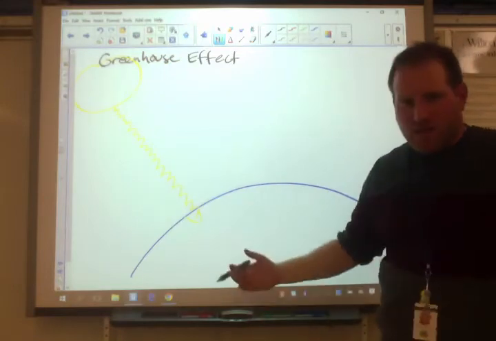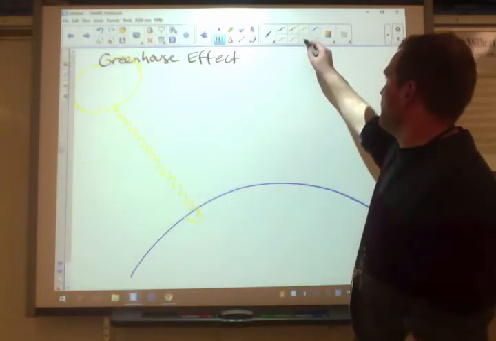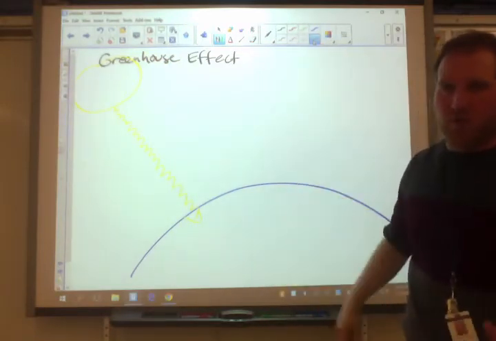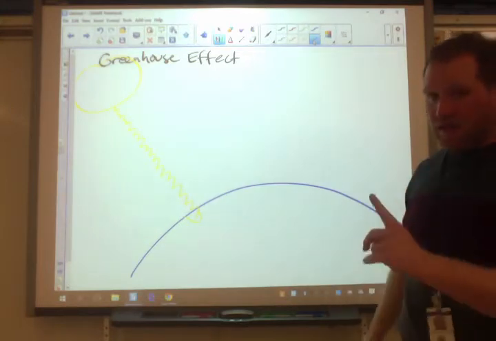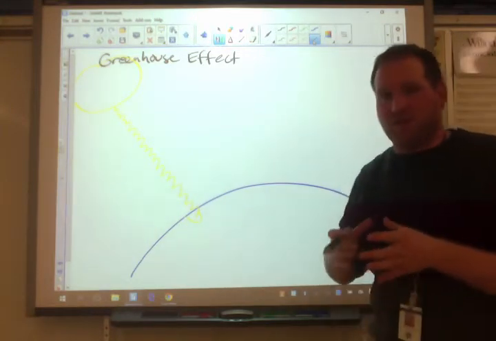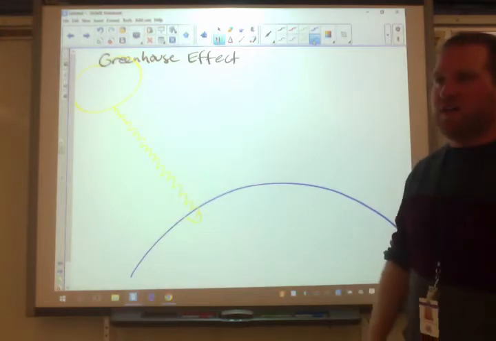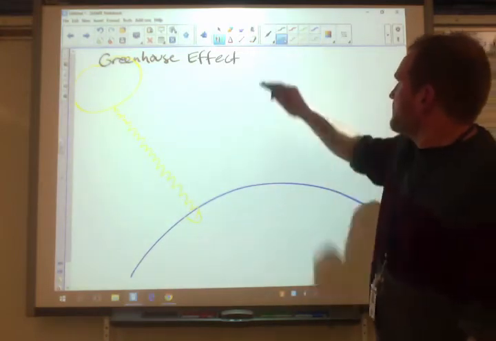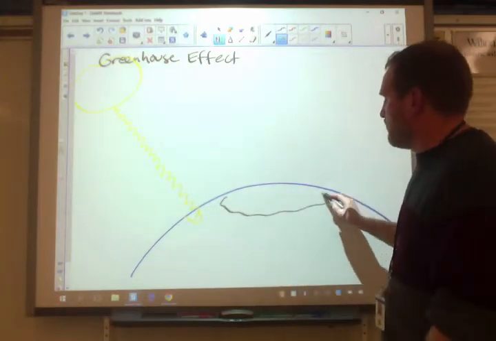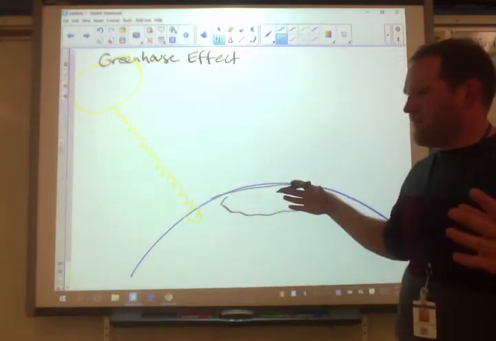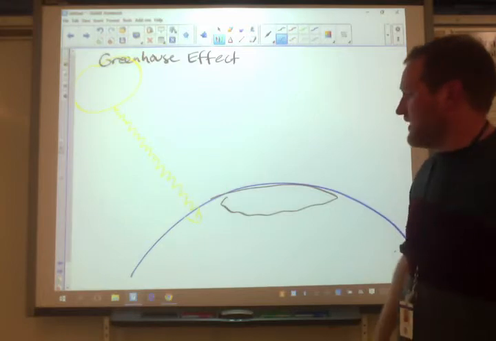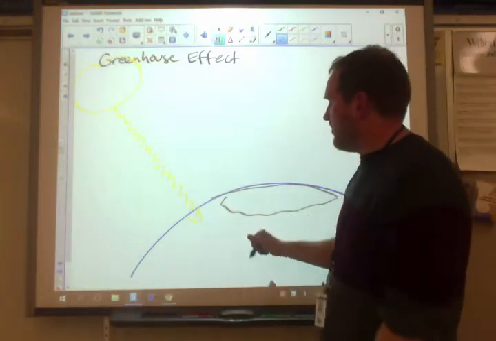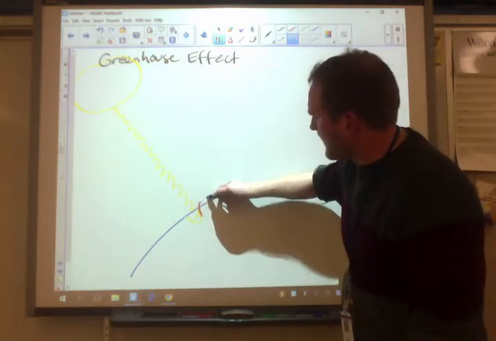Now that sunlight gets absorbed by the Earth's surface, whether it's by the oceans or by the forests. Some of that does bounce off if it hits something really reflective like snow or ice. That's actually one of the problems: when our ice caps melt, it means more sunlight's going to hit the Earth and stay there. But anyway, it's going to hit the Earth, and it's going to radiate out as heat.